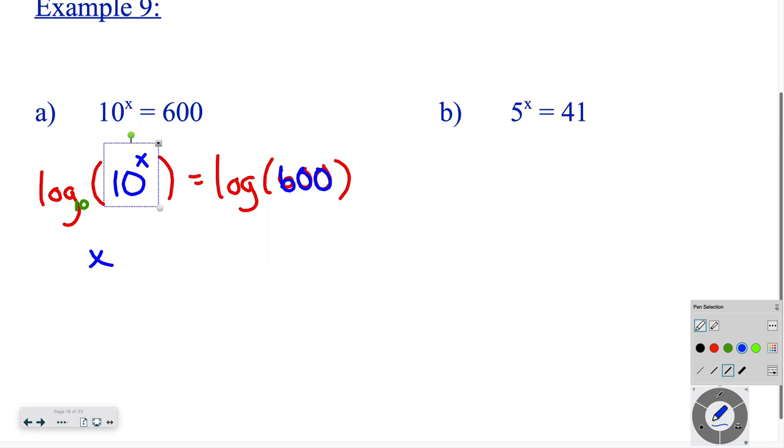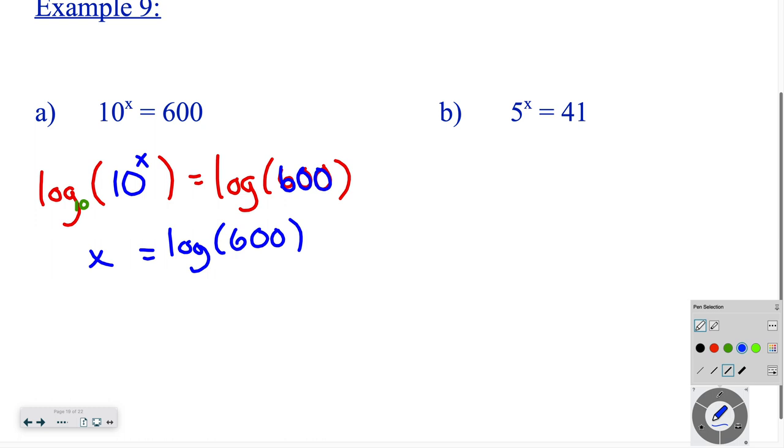All right, so x equals log of 600. x is isolated, log of 600 is as far as we can take it. This is the exact answer, okay? And then we can approximate these values as well. We'll talk about the approximation in a second.